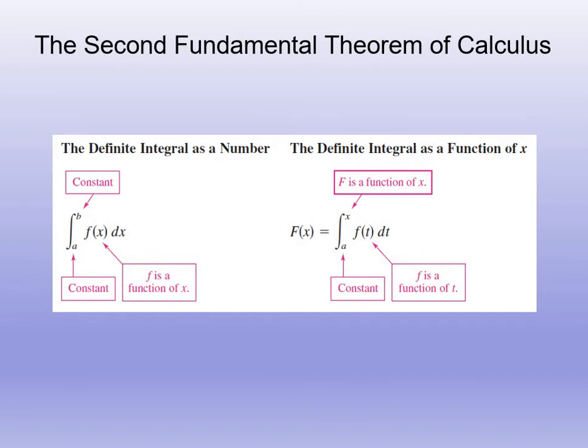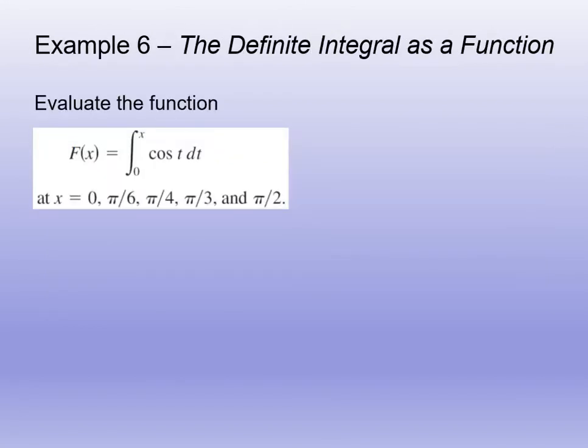Moving forward here, we want to evaluate the function 0 to x of cosine of t dt. Notice x is our variable of integration now, instead of having a constant limit there. So 0 is one of the limits, x is the other limit, but now it's a variable.